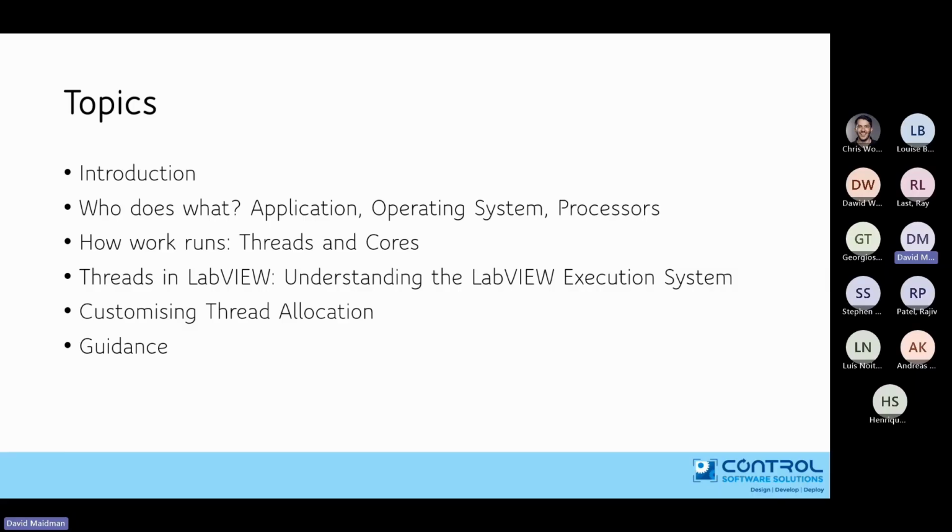Then we're going to look at how work actually runs, so how work is distributed to threads and cores. And then the main part of it really is then to look at threads in LabVIEW and understanding what LabVIEW is doing with the execution system. And then finally, going to give some tips on how you can customize that thread allocation, and then give some guidance based on what I found useful as we've gone.